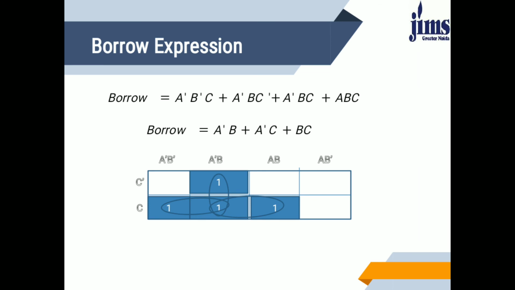A K-map is the simplest way through which we can generate any Boolean expression. In the full adder, carry was AB plus BC plus CA, but here borrow is A bar B plus A bar C plus BC. So here A is complemented. This is the difference between the full adder and the full subtractor.